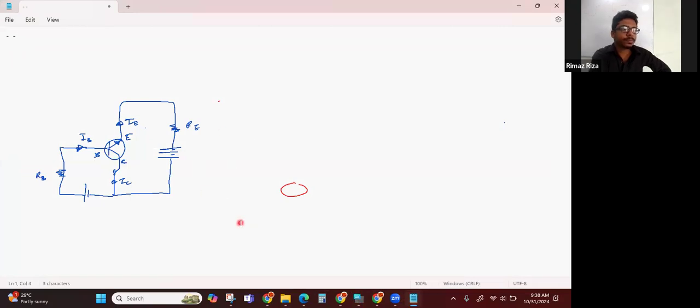So draw this circuit. Raise your hand if you are done with the drawing part.